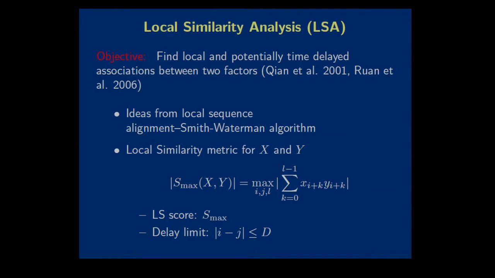Okay, so now with this data, mathematically we try to find those subintervals of length L, starting from I and from J, such that the difference between the starting points, I minus J, is less than or equal to D. D is whatever you define according to the biological knowledge, what kind of delay you are interested in, and then you try to maximize this score. That's essentially what we try to get here.